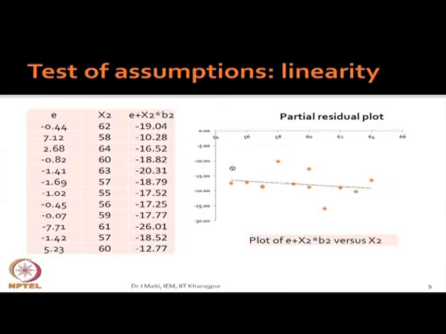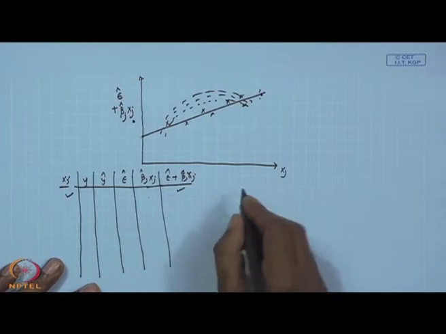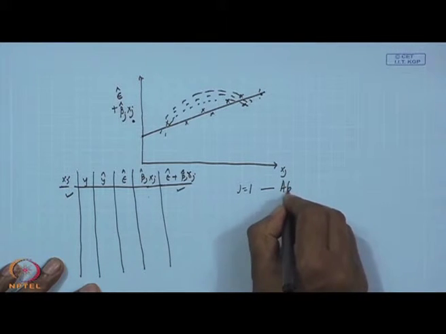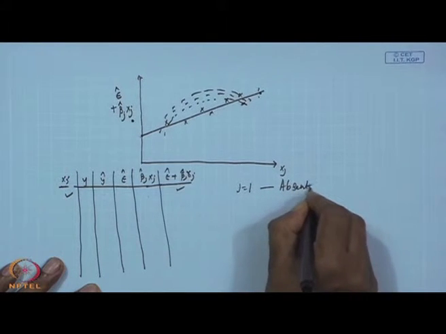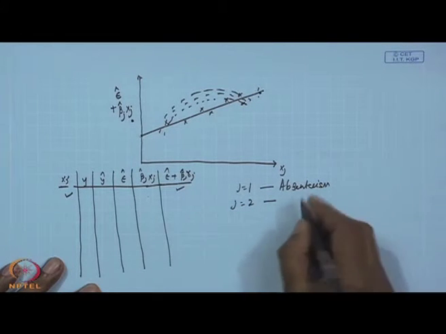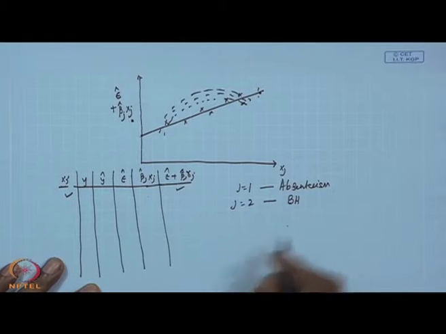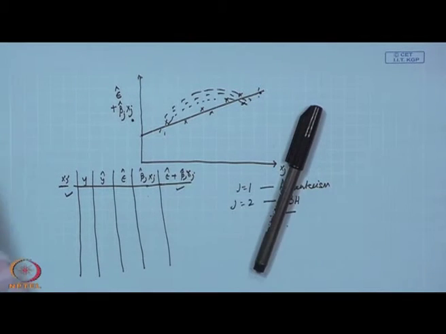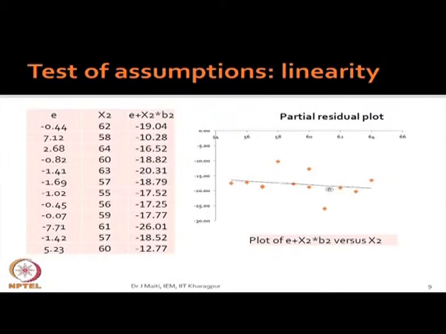So, we have taken two independent variables here. When j equals 1, it is absenteeism. When j equals 2, this one is our breakdown hours. So for the breakdown hours partial residual plot, you see here also there is no departure from linearity. Okay.